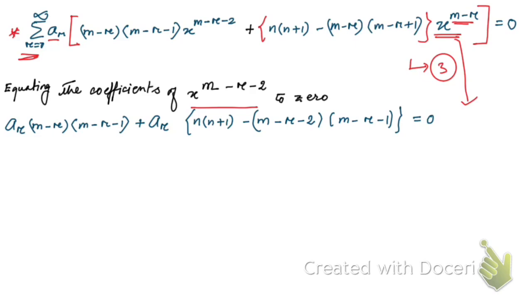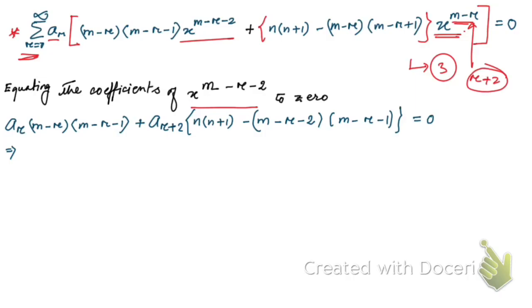So now you see what I'm going to do, we're going to simplify this part, okay? First, in order to equate this coefficient to 0, here we have x to the power m minus r minus 2, but here it is m minus r, so that's why in this part we're going to replace r by r plus 2, okay?